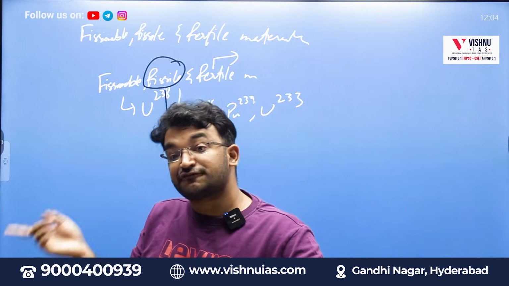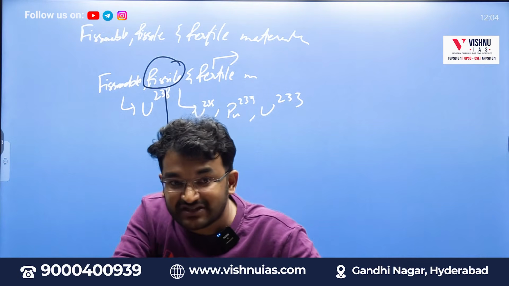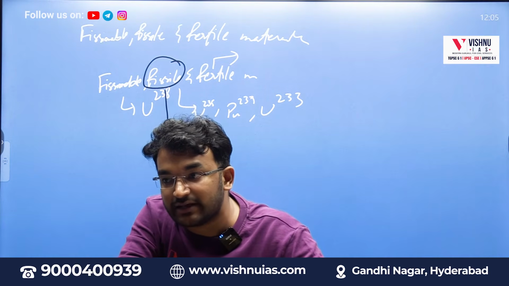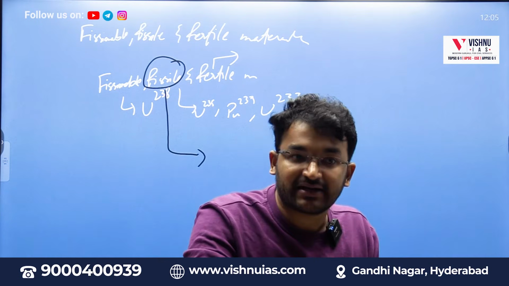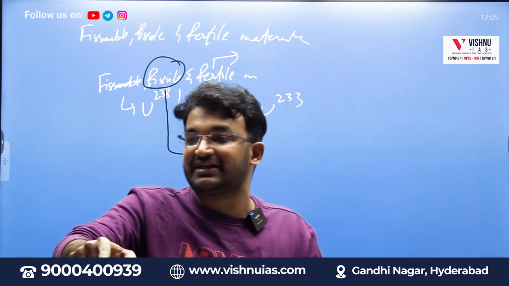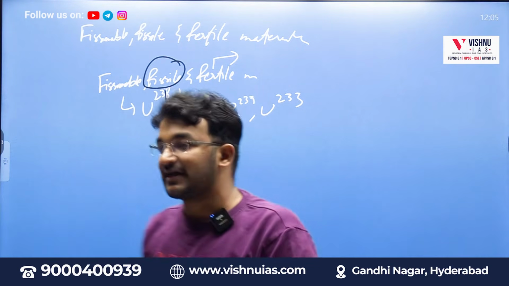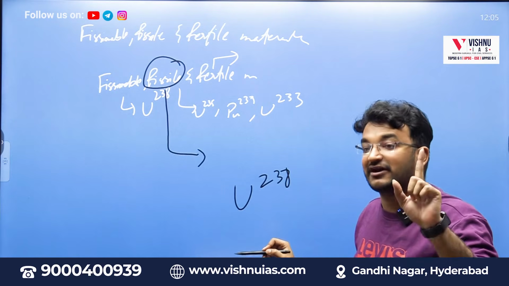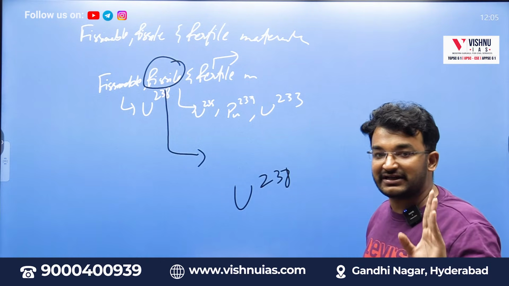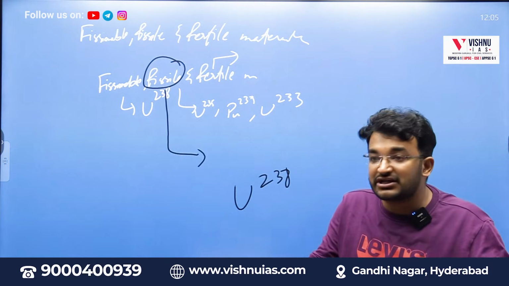Now what is fertile material? That material which cannot be directly used to produce nuclear energy. First of all, that material should be converted into a second material, and then it should go for nuclear energy. For example, uranium 238, we had mentioned this as a fertile material. If we are hitting this with a neutron, this cannot generate nuclear energy.